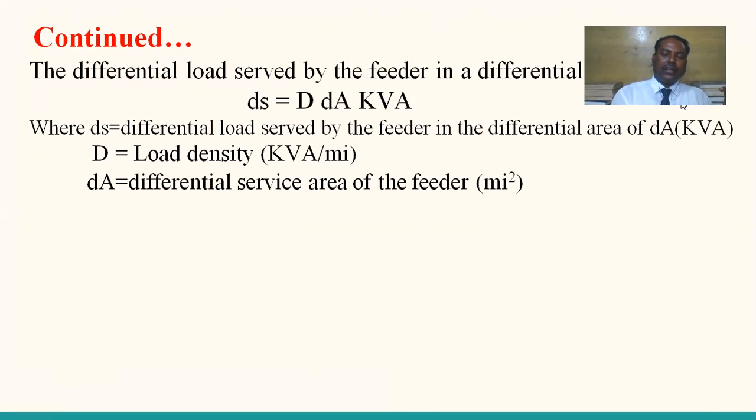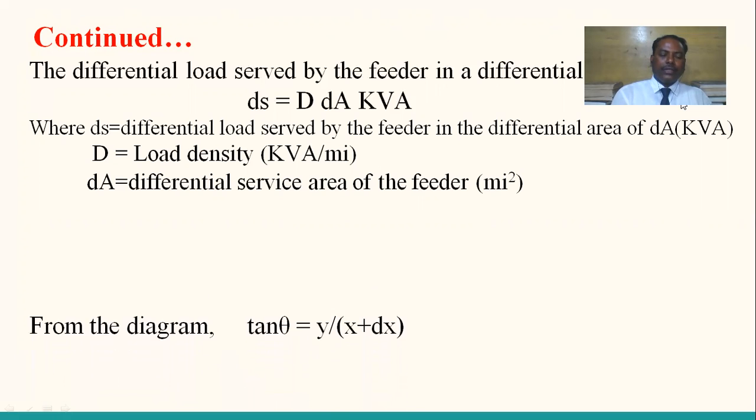So already I told that for uniformly distributed load for n feeders, we are just assuming a point at any distance x from the feed point, calculating for that area and extending it to the total area.